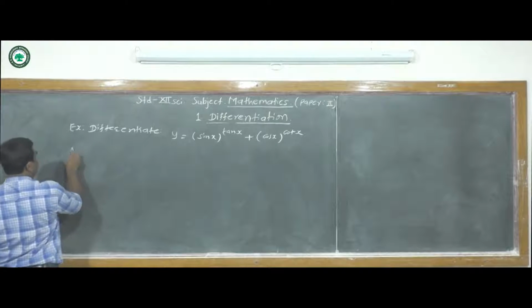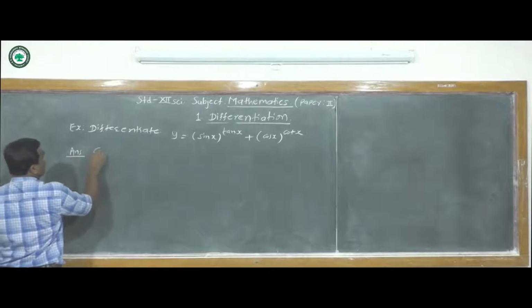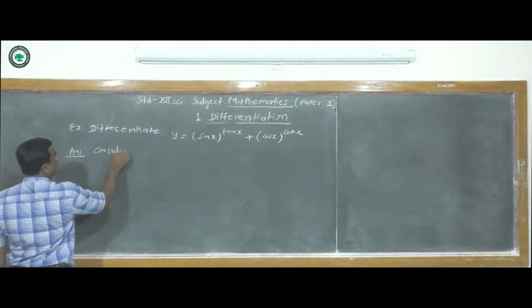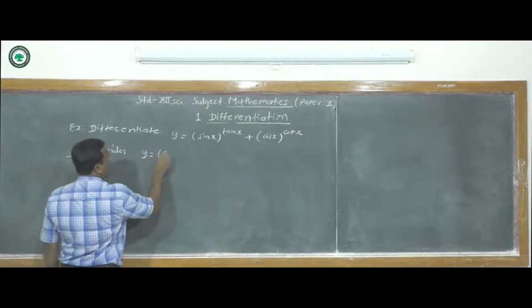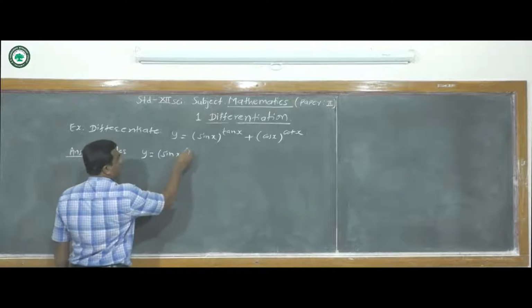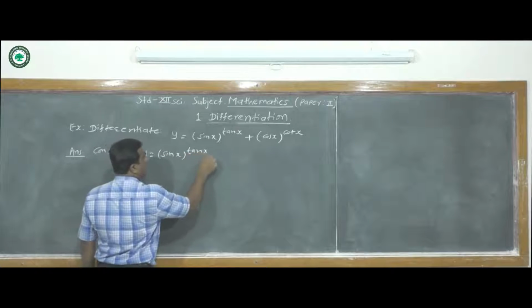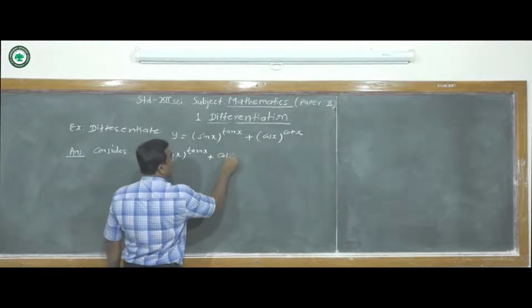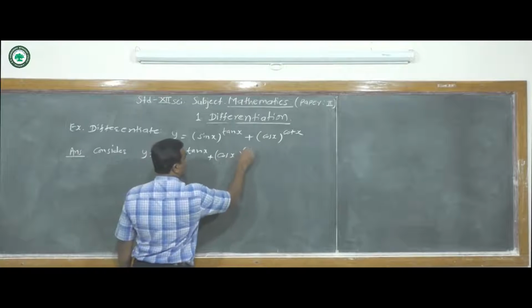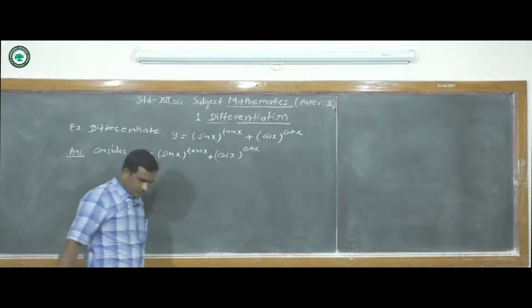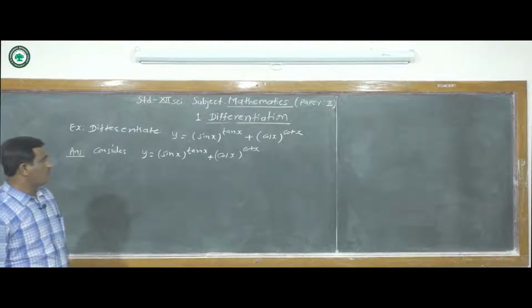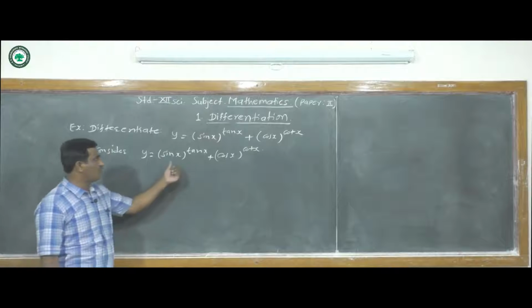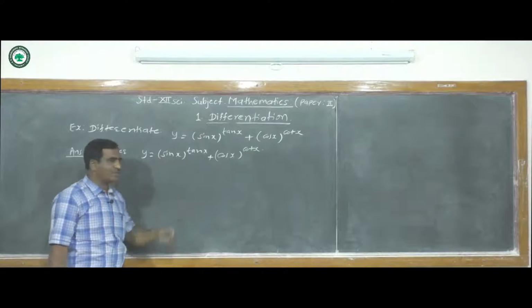Answer: consider the given equation, that is y is equal to sin x bracket raised to tan x plus cos x bracket raised to cot x. Okay. Now this is a function of the type y is equal to u plus v, that is, the addition of two functions is the given function.